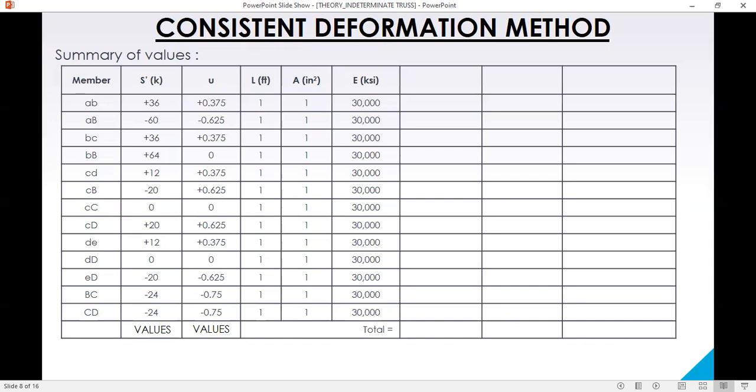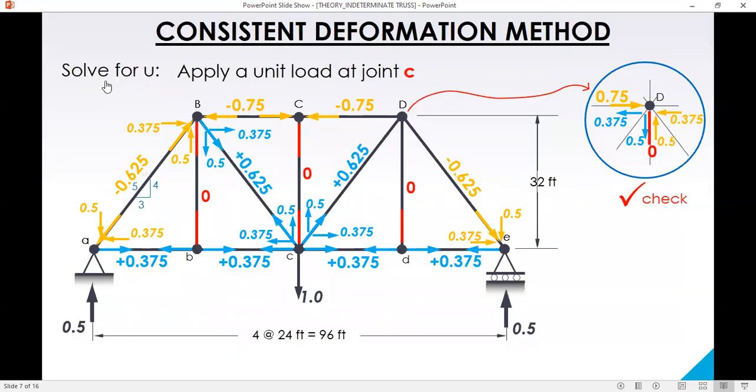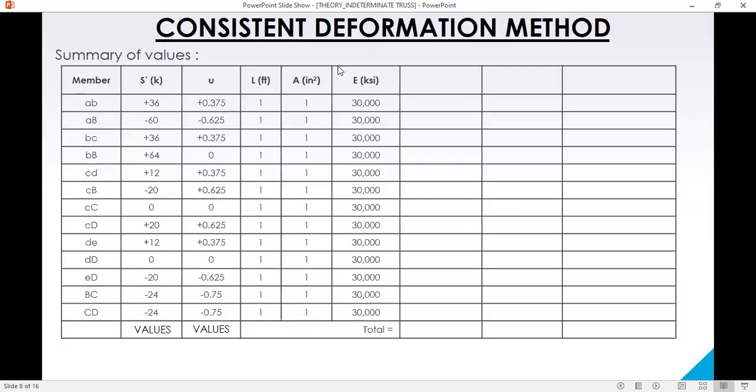And in U, from this one, values of U. The L is given in the problem, no? The ratio of L over A is 1. So 1, and E is also given, 30,000. So we compute for delta.